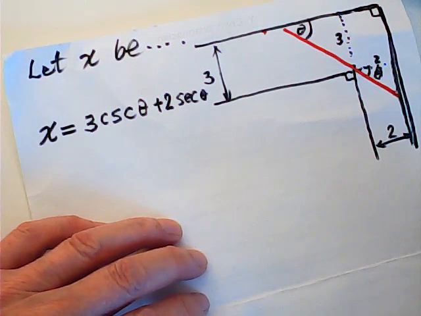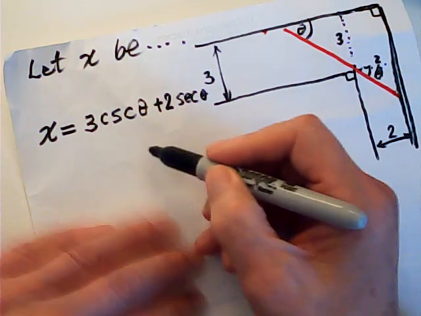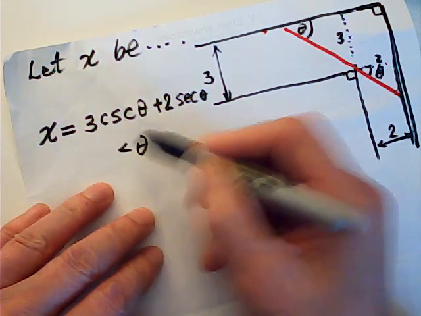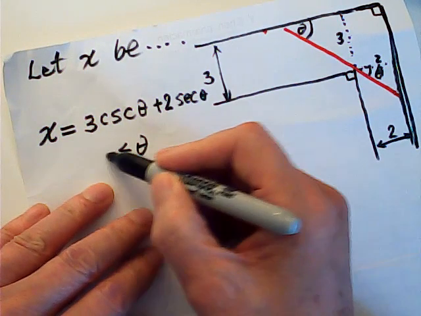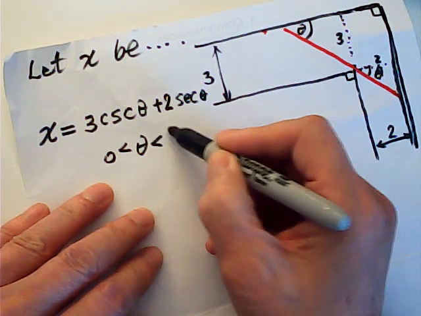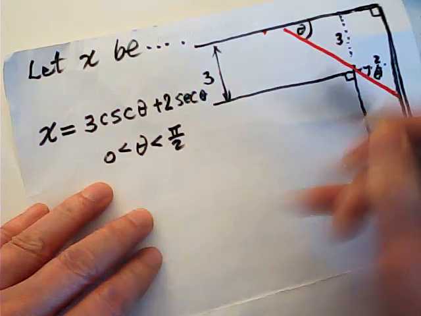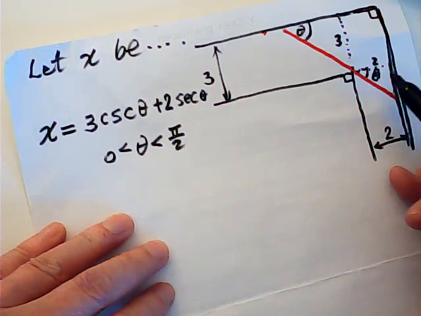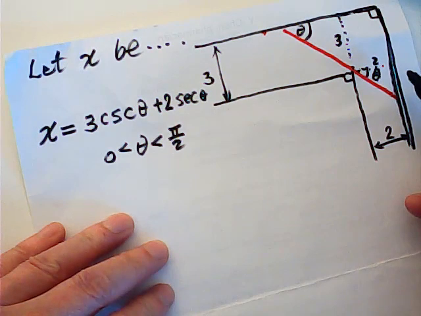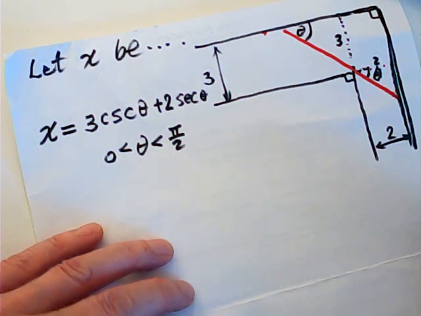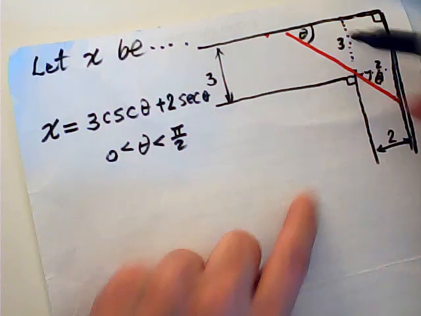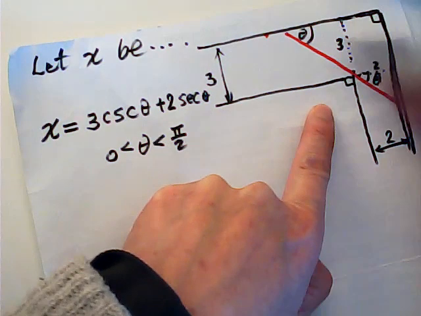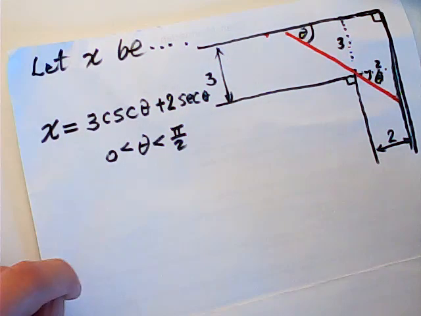And theta is from 0 to half pi. If theta is 0, the length of the red line is infinity. And if theta is half pi, the length of the red line is also infinity.